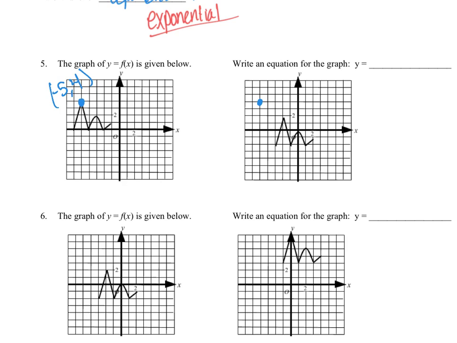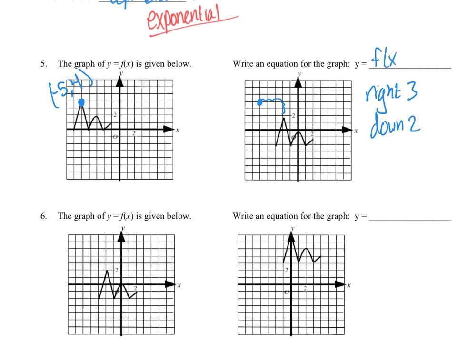And we count the distance that it travels right and down to get to the other pointy point, the new pointy point. So we go right 1, 2, 3, and down 1, 2. So right 3, down 2.